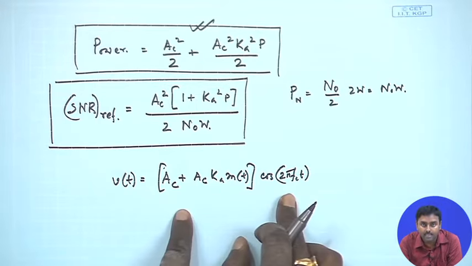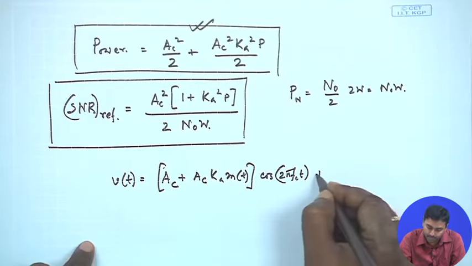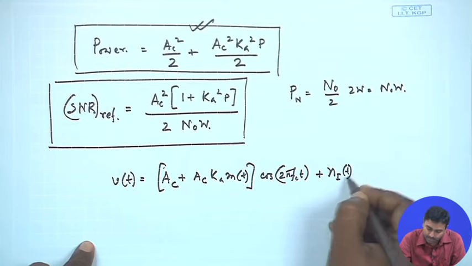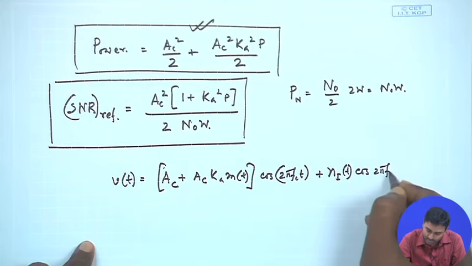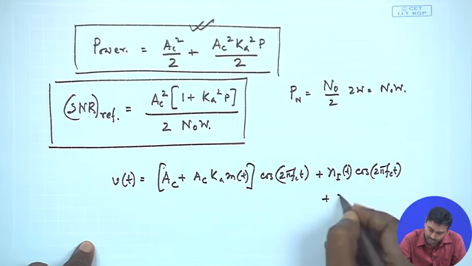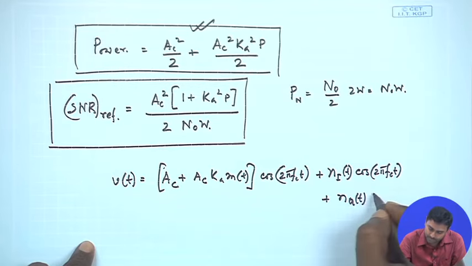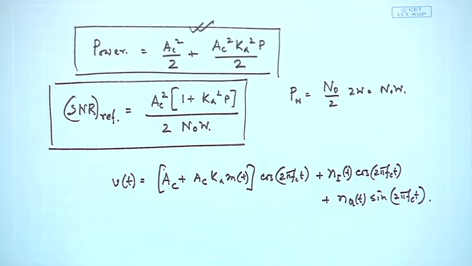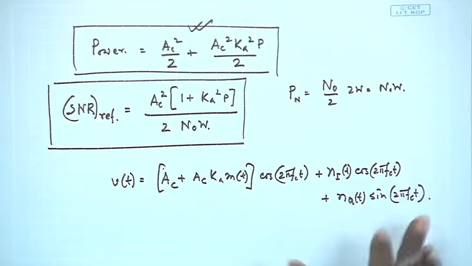So, this is the message signal or modulated signal, plus Ni(t) cos 2 pi fc t plus Nq(t) sin 2 pi fc t. The noise just gets an in phase and quadrature representation, right. Now, next what will happen?